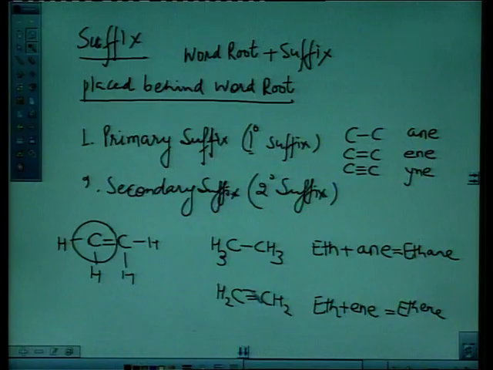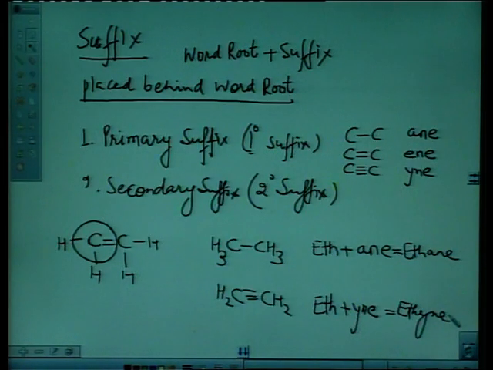So, if I write a triple bond here, then the name will be eth plus ine. Sorry, this is ethyne, as there is a triple bond in it. So, primary suffix tells about the multiplicity of bond. If there is a single bond, we write ane; if there is a double bond, we write ene; and if there is a triple bond, we write ine.